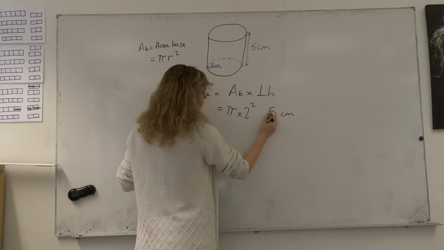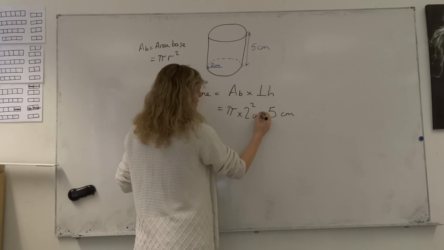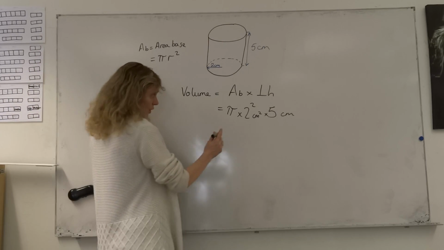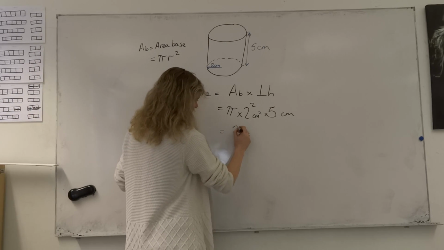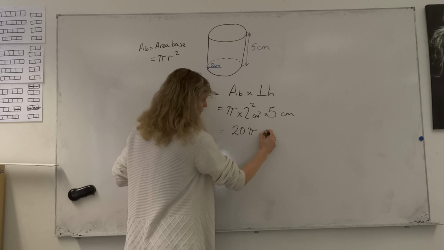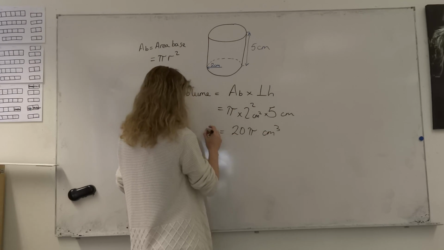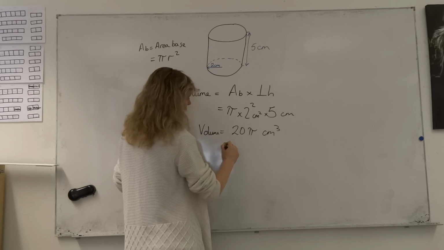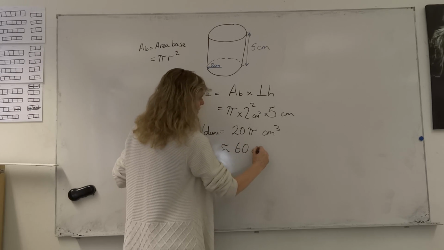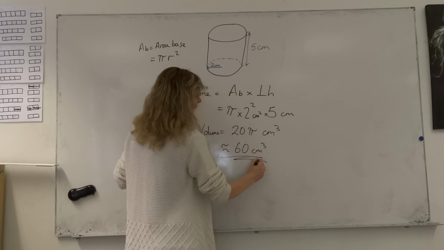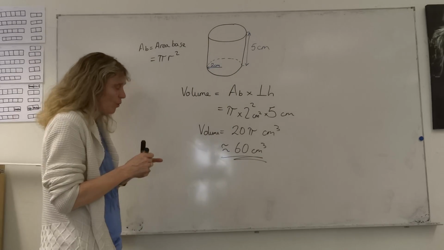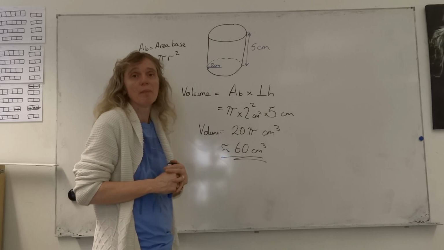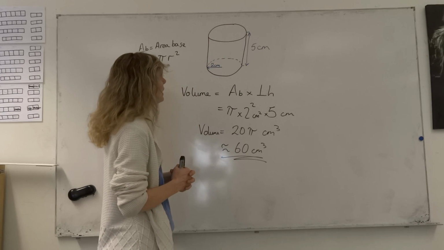The radius squared will be centimeters times centimeters, so it will be in the units of centimeters squared. So we get 20 lots of pi centimeters cubed volume. If we assume that pi is 3, we've got approximately 60 centimeters cubed as the volume of water that we could put into this cylinder if we were going to measure it in centimeters cubed or milliliters.